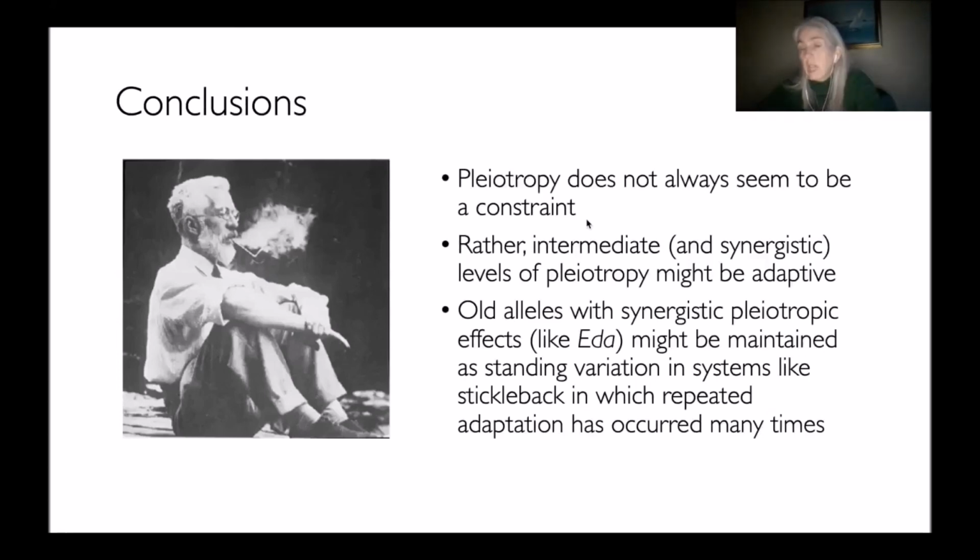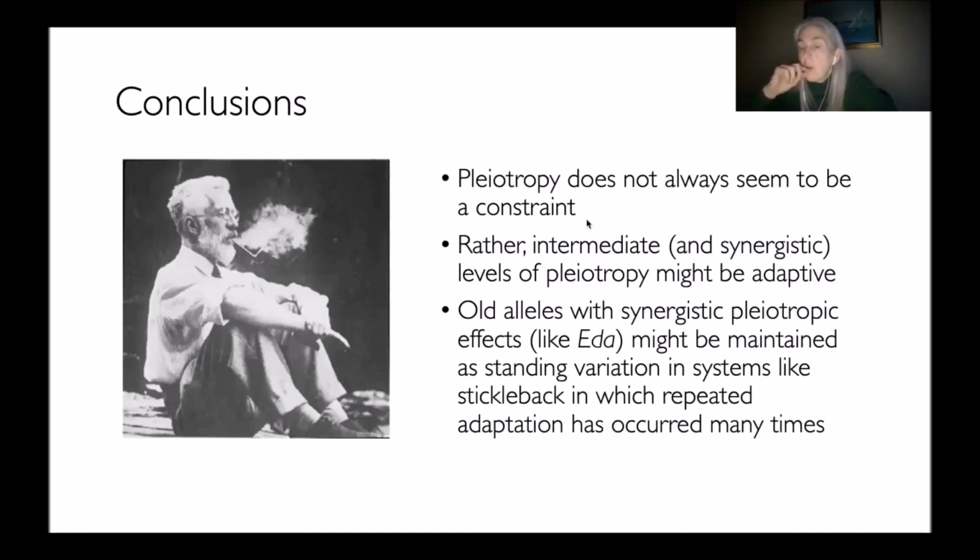alleles, so this Eda freshwater-marine haplotype, is actually millions of years old and has been maintained as standing variation. And so you've had repeated bouts of adaptation to freshwater throughout the stickleback's evolutionary history.